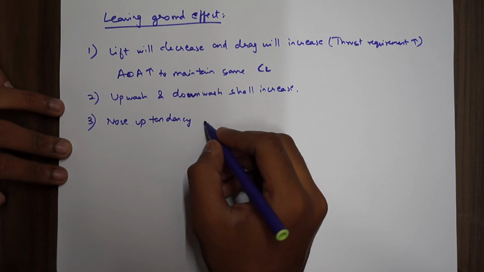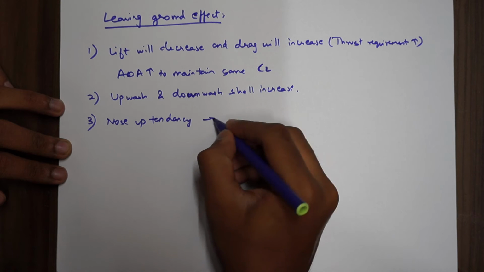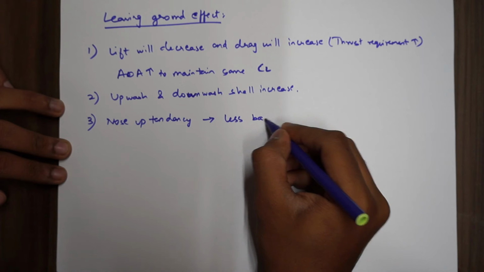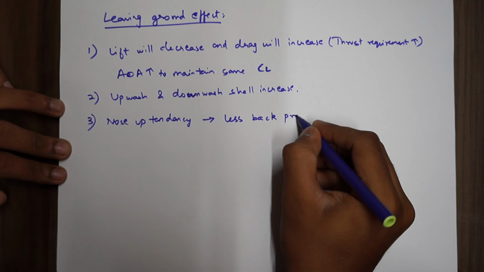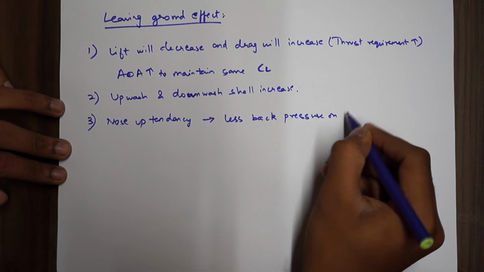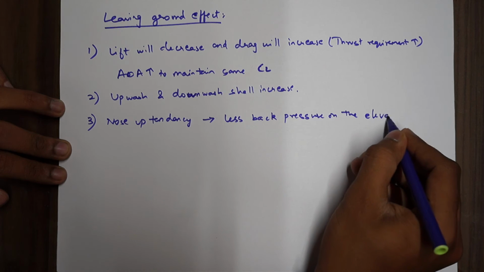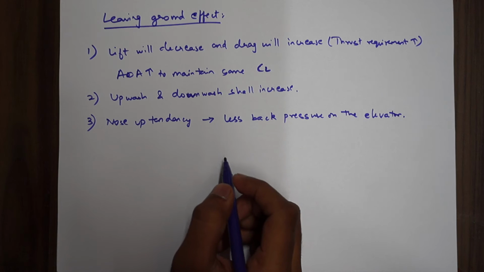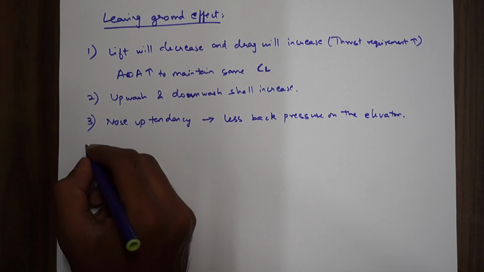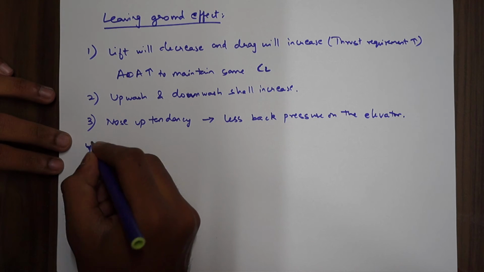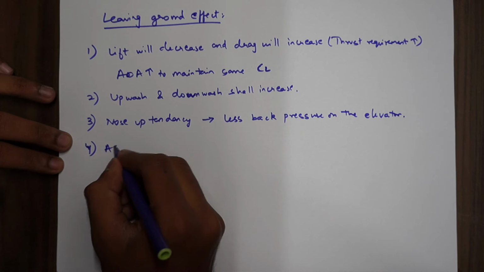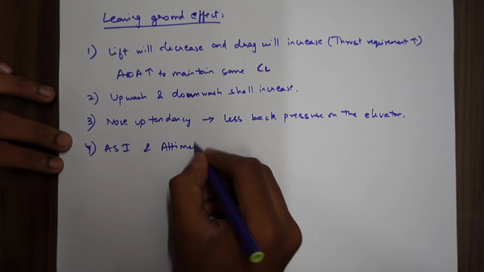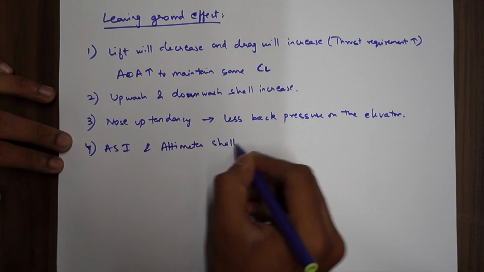This means you have to apply less back pressure on the elevator, or you can just leave the pressure on the elevator. And in this case, the ASI and altimeter shall overread.